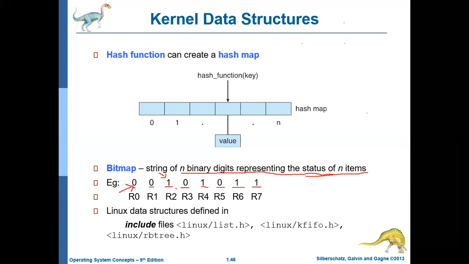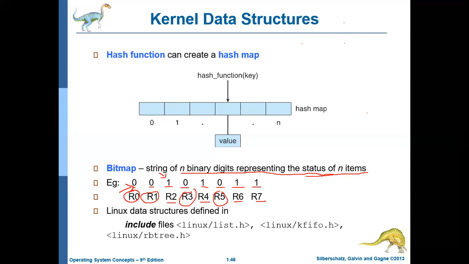With this, the operating system can identify which resources are free and which are being used by some other process. Here you can say resources R2, R4, R6 and R7 are free, whereas resources 5, 3, 1 and 0 are being utilized by some particular process.